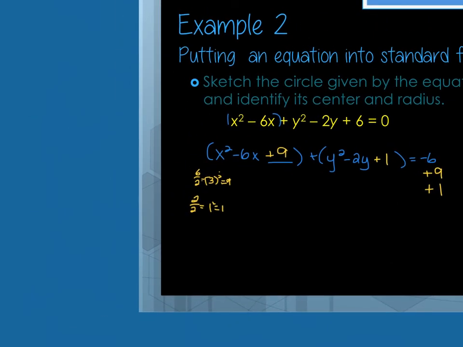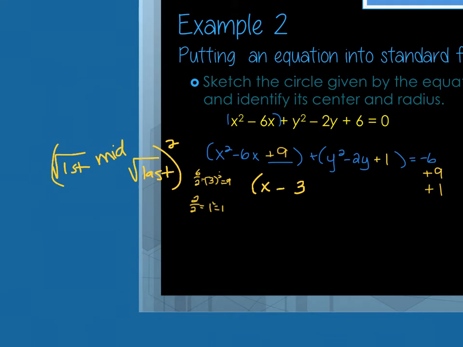When I factor a perfect square trinomial, I square root the first term, I square root the last term, I take the sign from the middle, put it in the parentheses, and square it. So if I do that with what's there, square root the x squared, I get x. Square root the 9, I get 3.